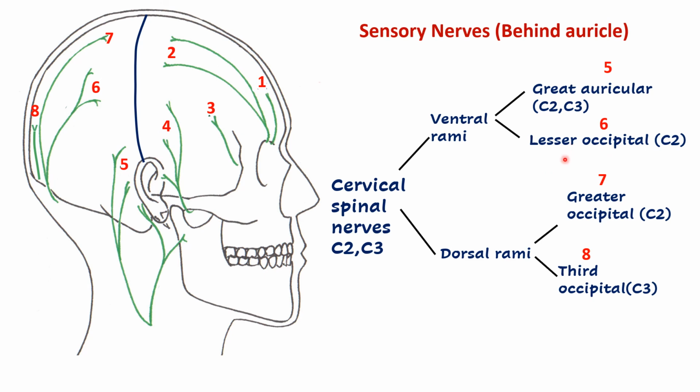So lesser occipital, then greater occipital, and obviously what do you have now? The third occipital. Okay, so these are the three nerves. Now root value, you should remember, the middle two, they will have C2. Third occipital, it is not difficult to remember, C3. The only thing that you have to remember is the great auricular, that receives from C2 as well as C3. So this is the sensory supply of the scalp.